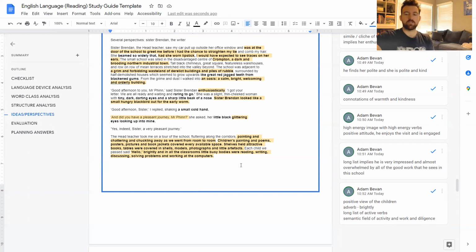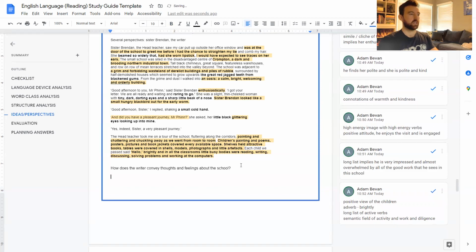Okay, so let's do a paragraph together. What we're going to do is a paragraph on how the writer conveys thoughts and feelings about the school. Now, if I was writing this as an actual exam, I would split these two things up, but I think I'll write about both just to give you a bit more of a sense.